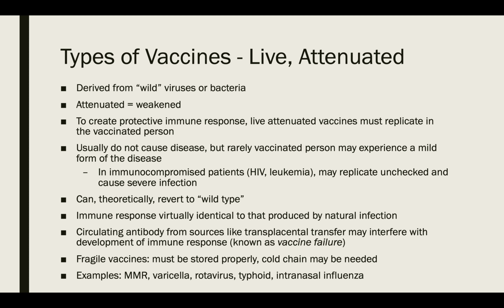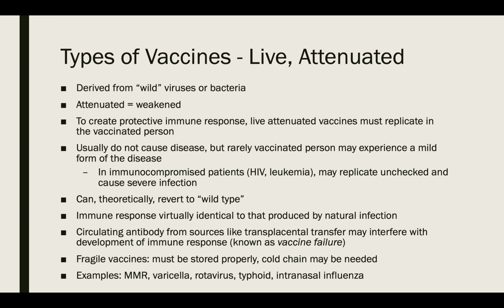A live attenuated vaccine is derived from a wild virus or bacteria. So it's taken from the actual pathogen that's infecting people out in the wild, in everyday life. And then it's been attenuated, which means weakened. This usually happens by passaging the pathogen through a lot of different cell cultures, which weakens it over time.